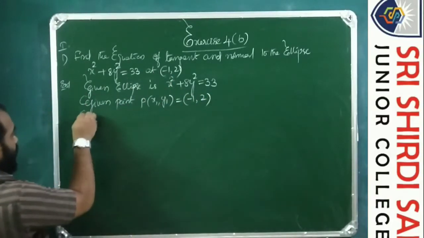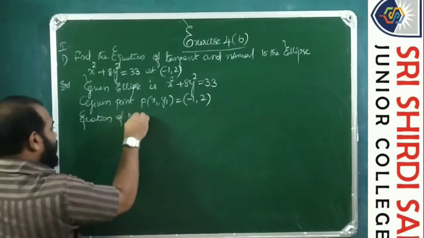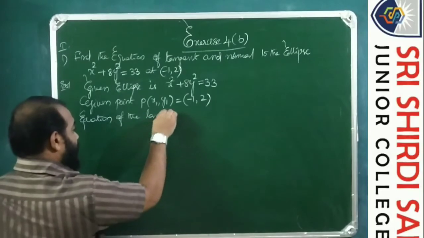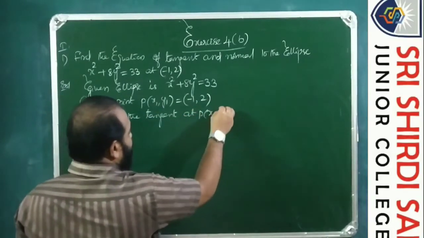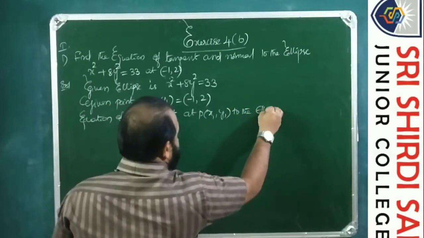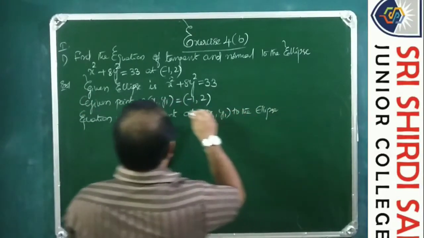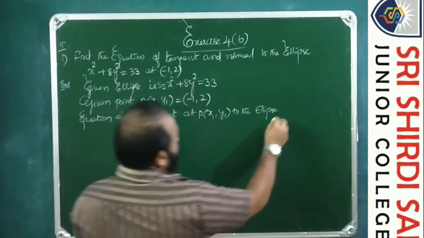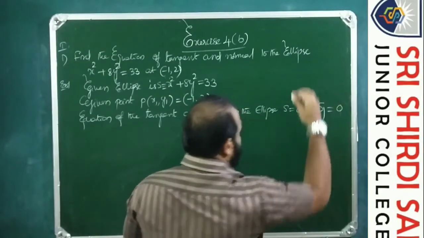Now the equation of the tangent at P(x1, y1) to the ellipse, let us suppose this be S. Ellipse S equals 0 is S1 equals 0.